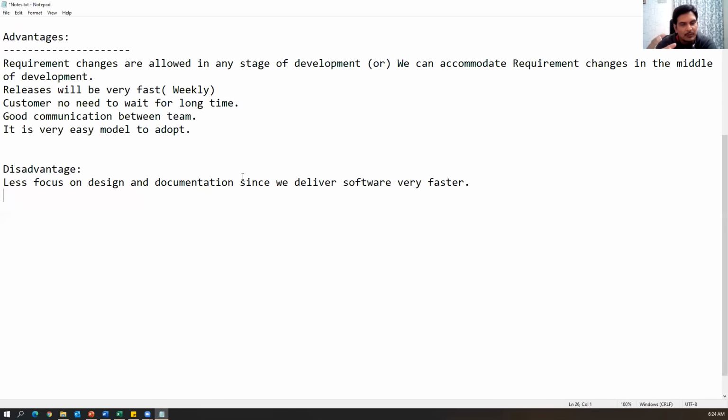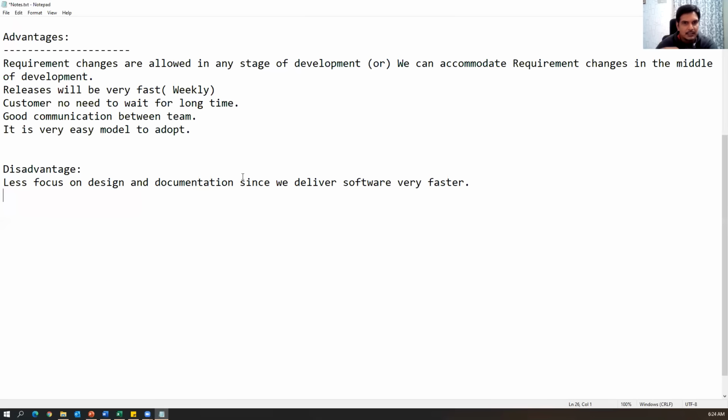We will have very little documentation, but we will have more meetings. In those meetings we will discuss the requirements very clearly, but we don't provide documents like the FRS document or design documents. Most of the time the documents will be very few, and we always discuss the requirements in meetings with the product owner, developer, and the rest of the team.